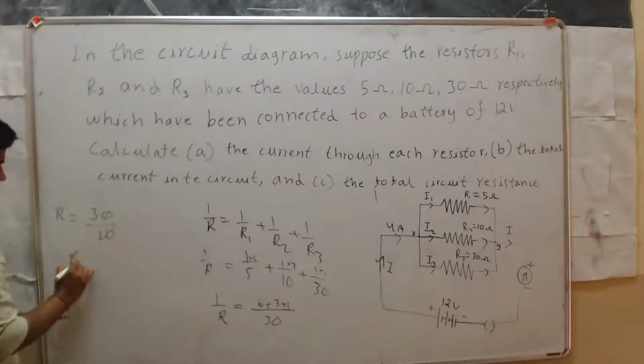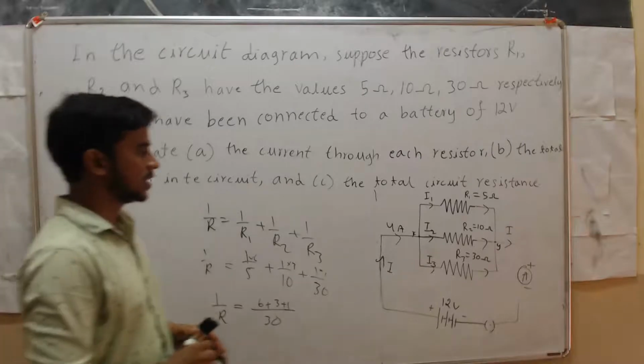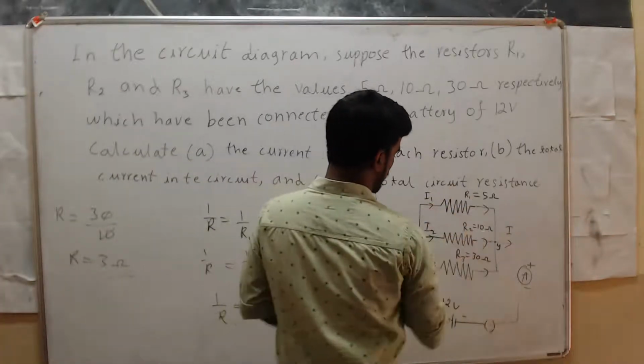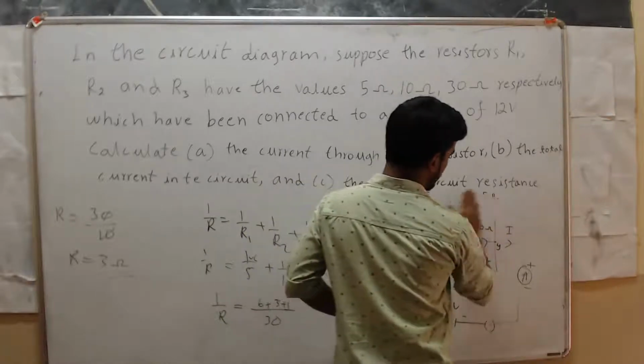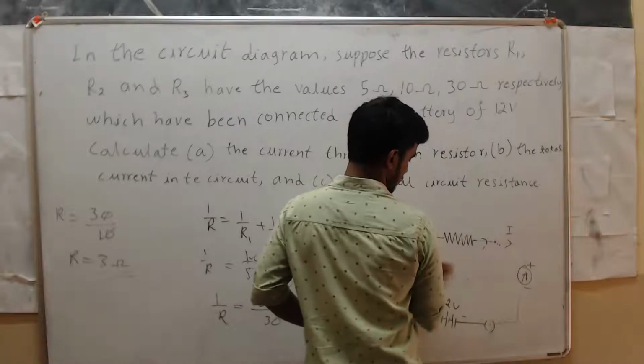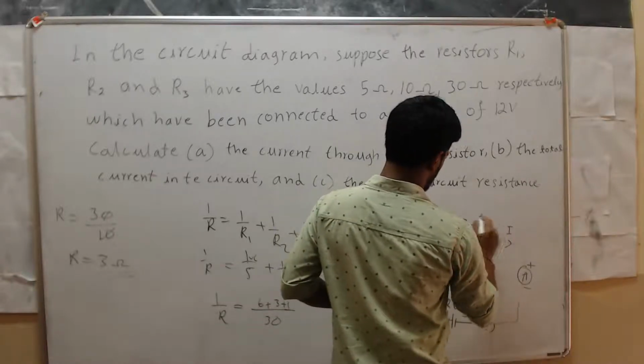Cancel. So finally we got R is equal to 3 ohm. Okay. See here, you can redraw this circuit as 5 ohm, 10 ohm, 30 ohm, right? You can redraw like this. That is R is equal to 3 ohm.